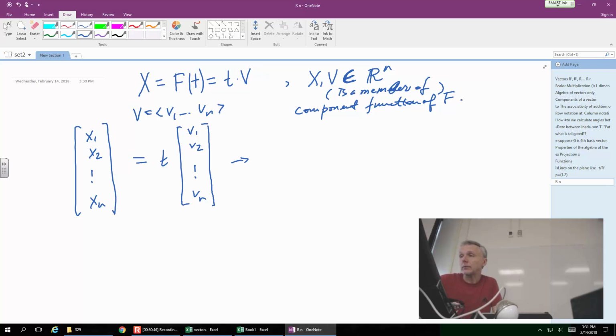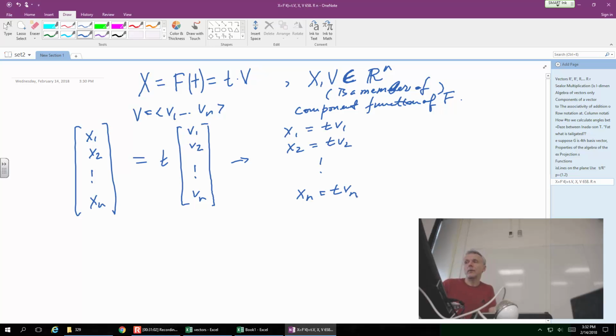But we could split it into n scalar-valued functions. In other words, x1 is equal to tv1, x2 is tv2, xn is tvn. So these are the component functions, n of them, one from each dimension.